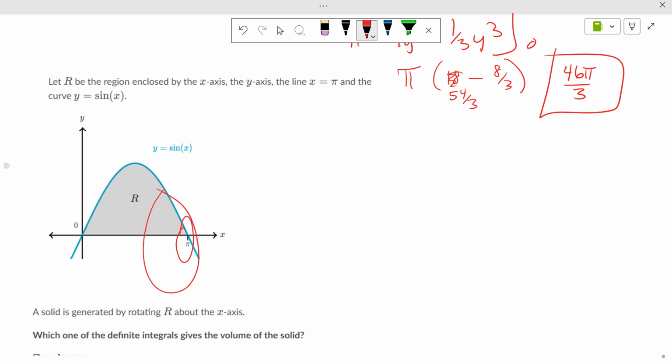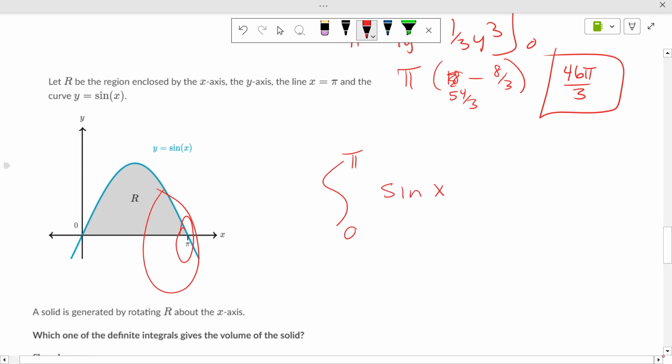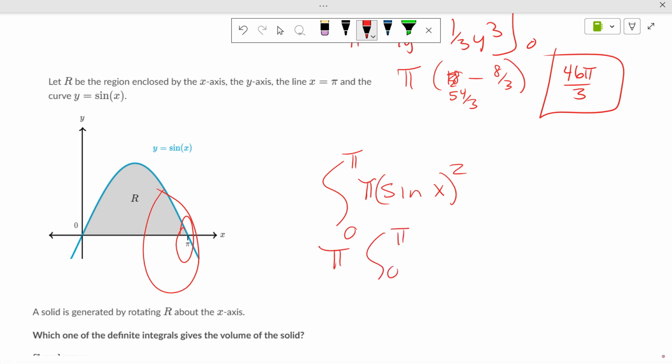So it's just the integral for what x's are used, 0 to pi, of pi sine of x squared. If we take the pi out, 0 to pi of sine of x squared.